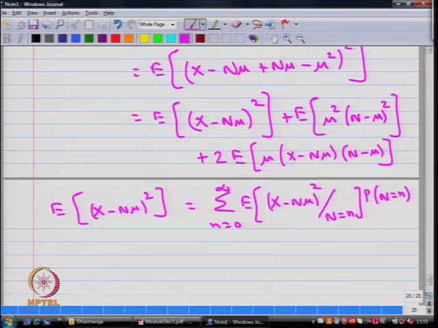If you substitute the way you have done the expectation and so on, finally, you will get the answer, that is sigma square summation n is equal to 1 to infinity n times probability of n is equal to n.